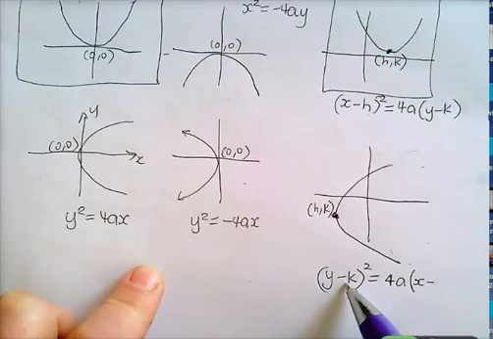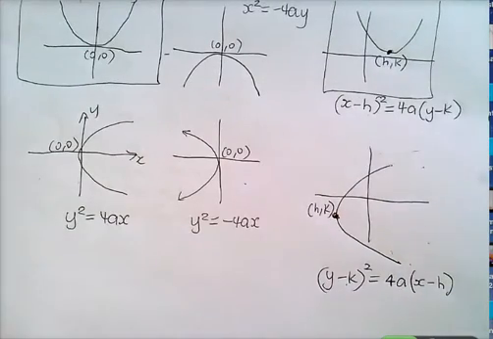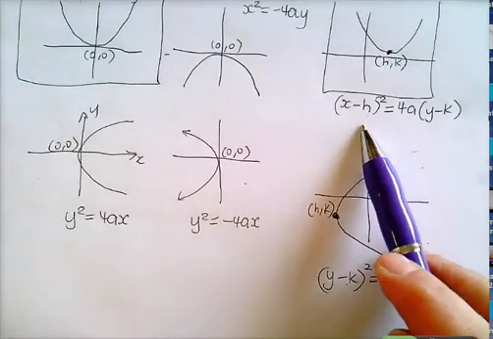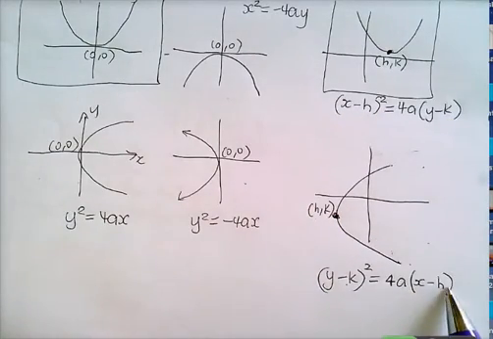The k goes with the y, the h goes with the x. You can just think of it in alphabetical order: x, y, h, k. The x goes with the h and the y goes with the k always. Look at what we've done up there: x goes with h, y goes with k. So that's that type.